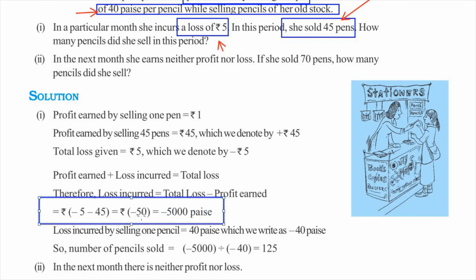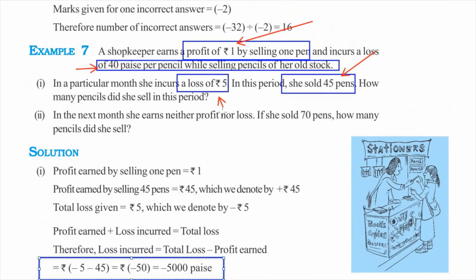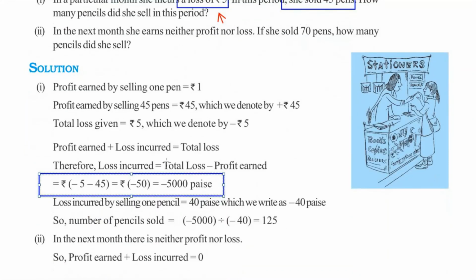Here we have the loss is equal to minus 50 rupees. Okay. This means that we have to convert this rupees into paisa. We know that 1 rupee equal to 100 paisa. So this is 5000 paisa. And we know that per pencil she has a loss of 40 paisa. So how many pencils has she sold is 5000 by 40. And the answer is going to be 125.